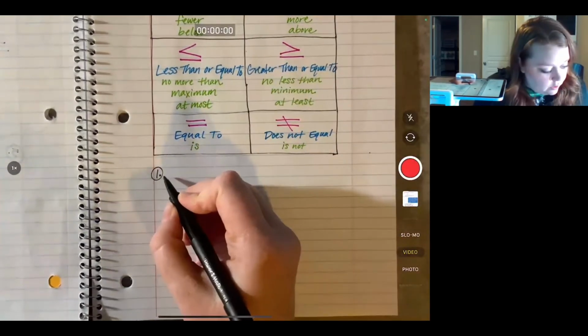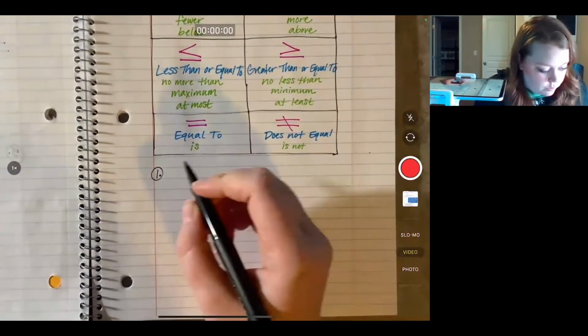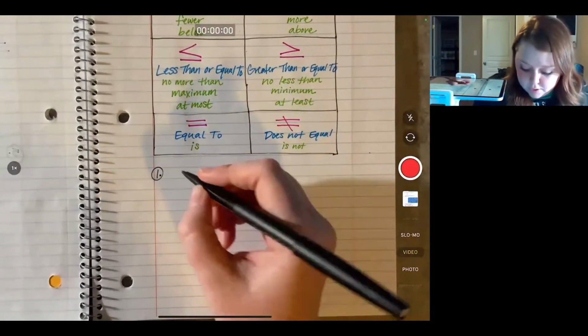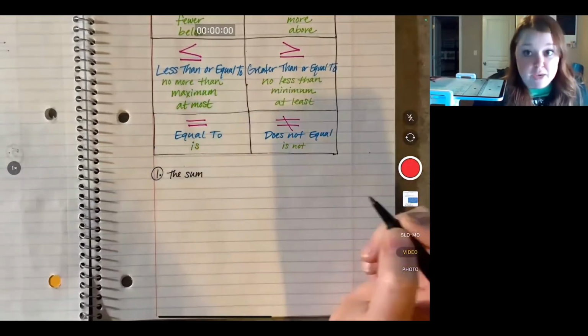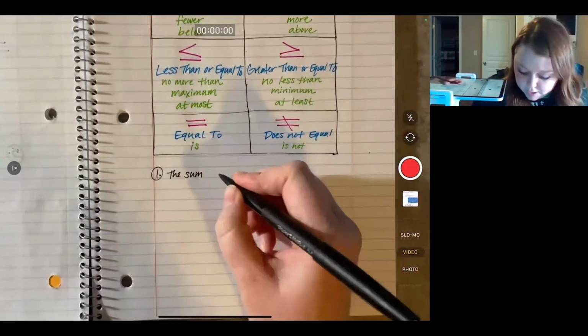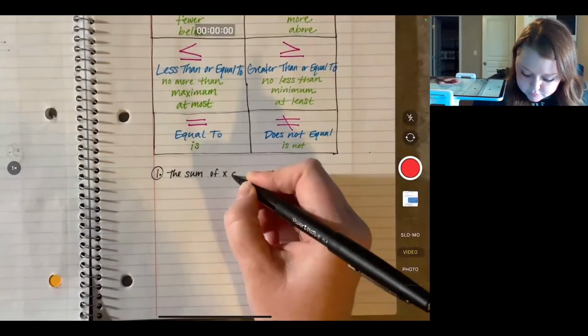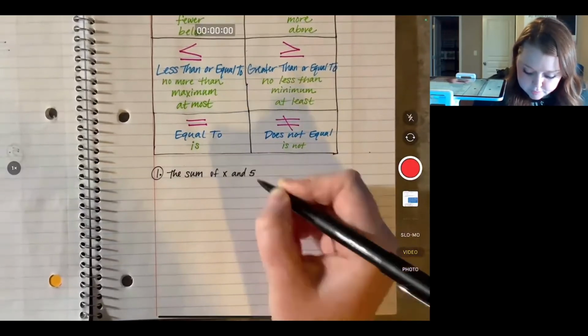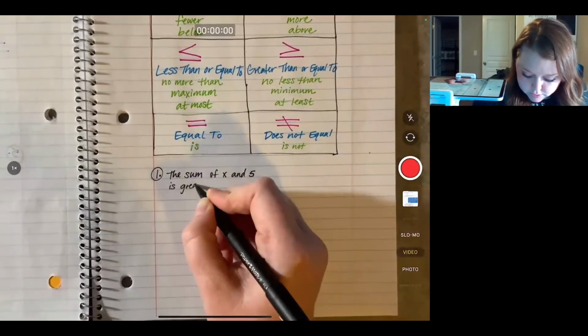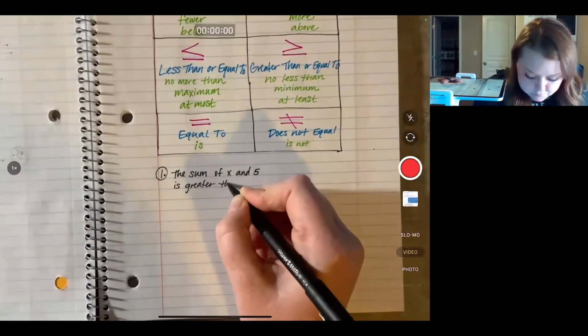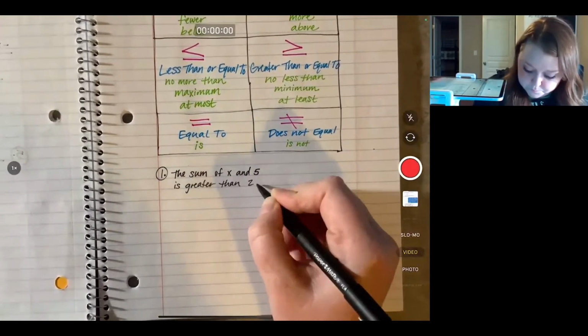So let's start out more mathy though. We're going to use some math vocab here. Here you go. The sum, S-U-M, that's a math word. The sum of X and 5 is greater than 2.